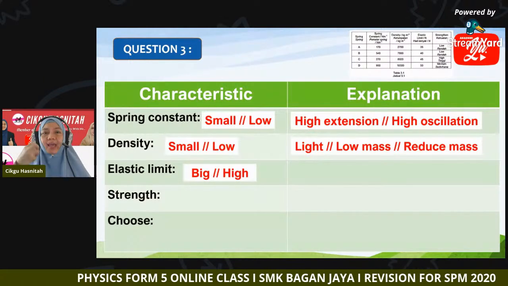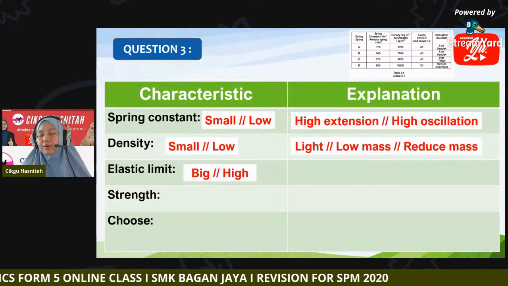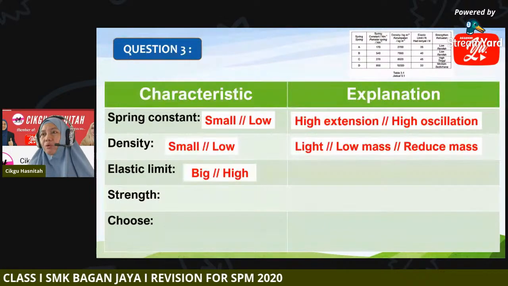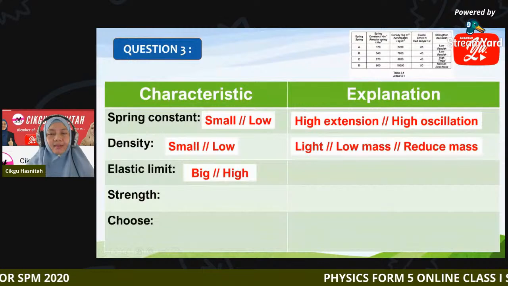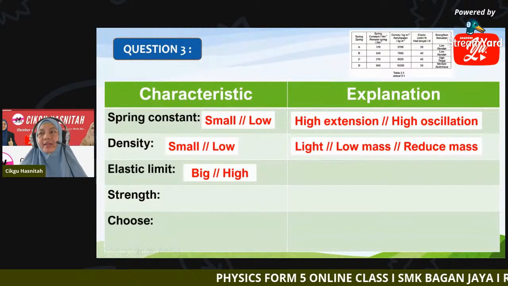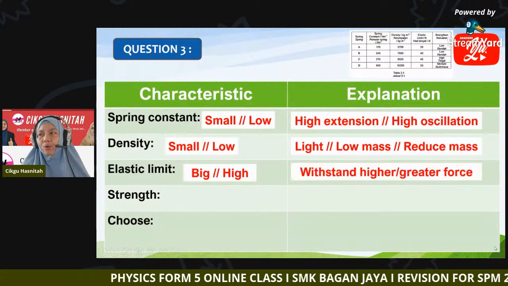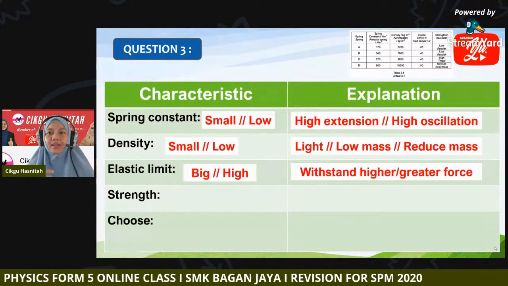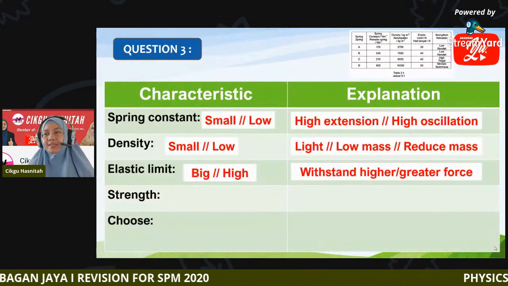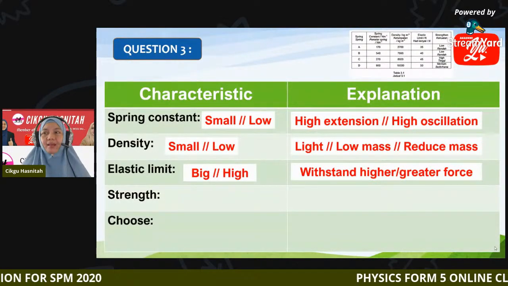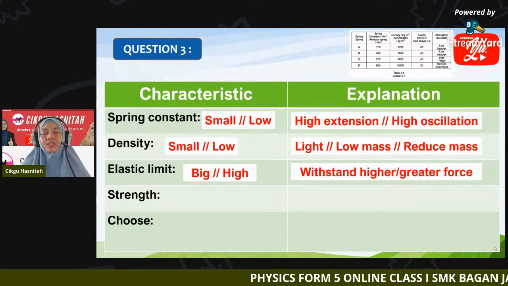Just say high or low. It means it can support more weight. Any other reason? Yes, so it can withstand higher or greater force. That means it can support more weight. Accepted. Then talking about the strength.